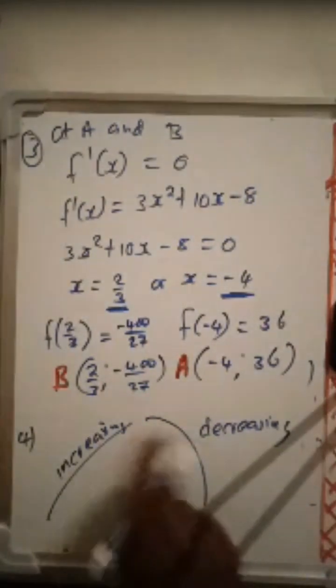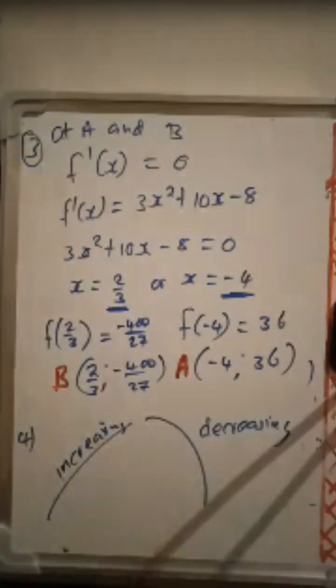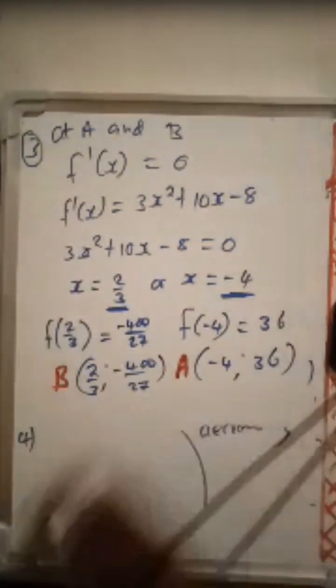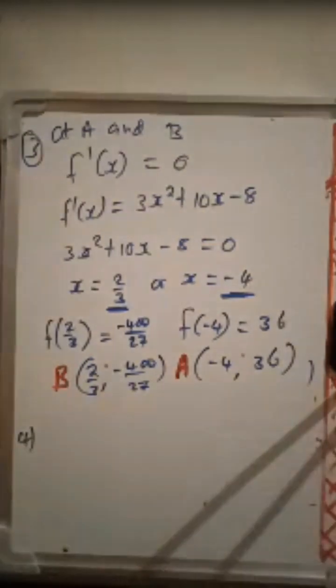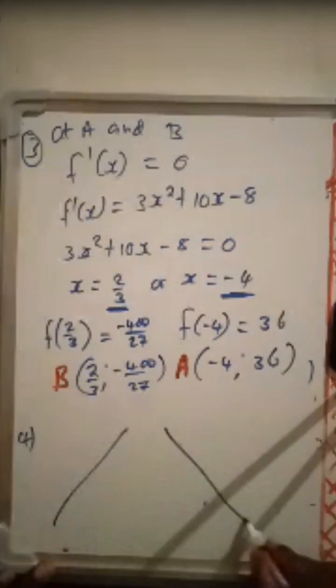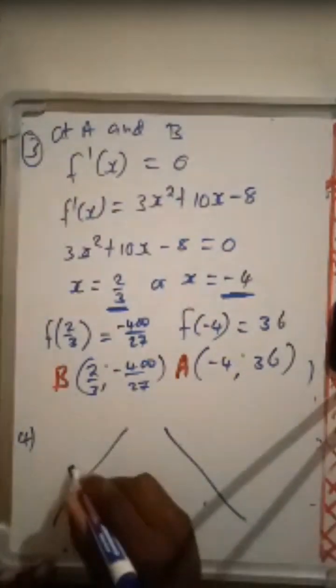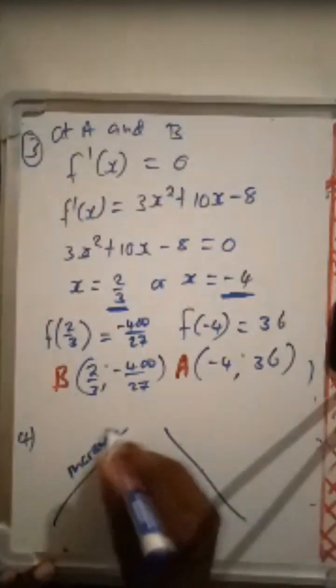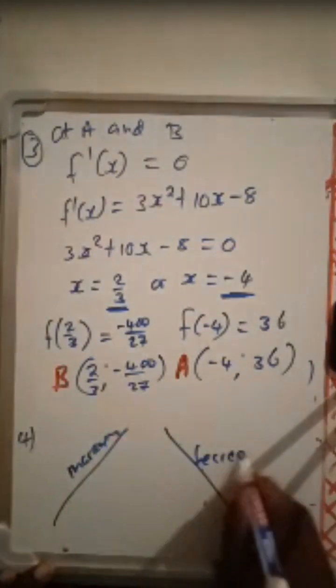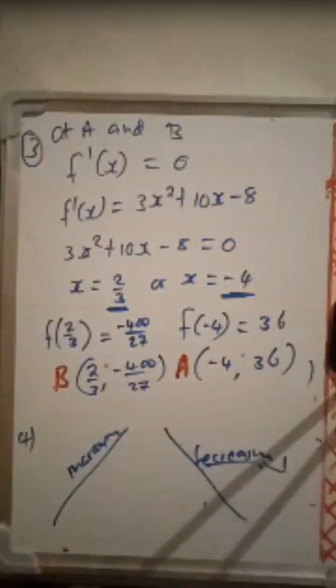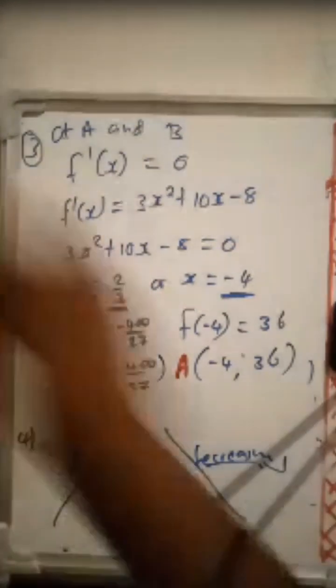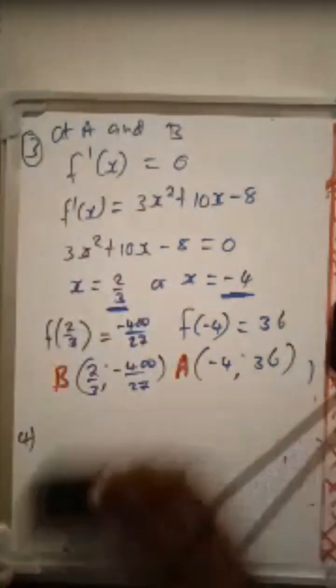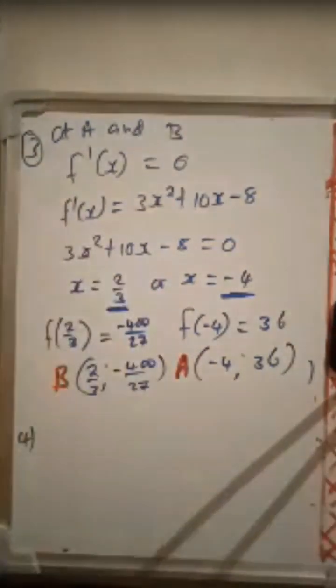A positive gradient is increasing, a negative gradient is decreasing. Okay, so the question is asking for which values of x the function is decreasing.